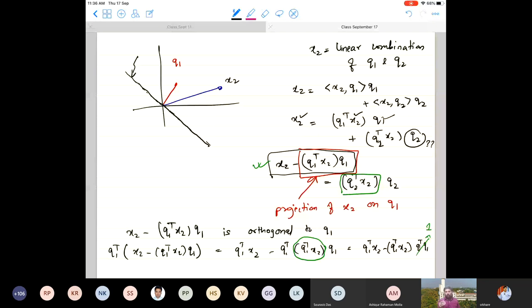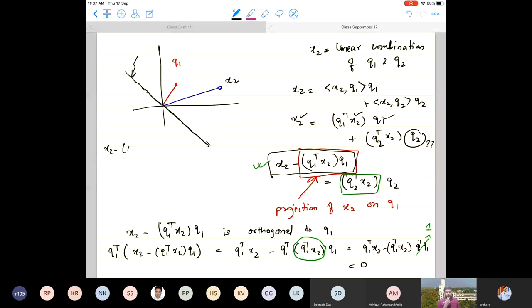Now you have got an orthogonal direction, so you just normalize in that orthogonal direction. That's all you will do. What is normalization? You have x2 minus q1 transpose x2 into q1, you divide by its 2 norm, and this will be your q2.